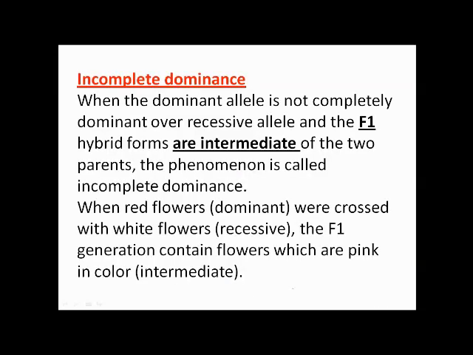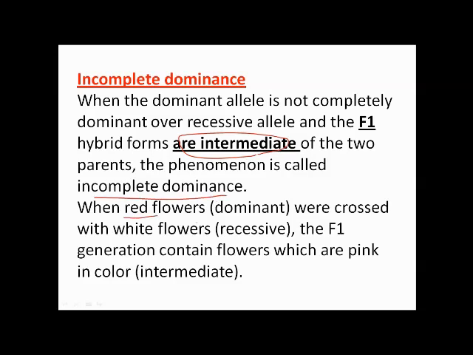So this phenomenon we call incomplete dominance. It can be expressed as when the dominant allele is not completely dominant over the recessive allele and the F1 hybrid forms are intermediate of the two parents. This phenomenon we call incomplete dominance.